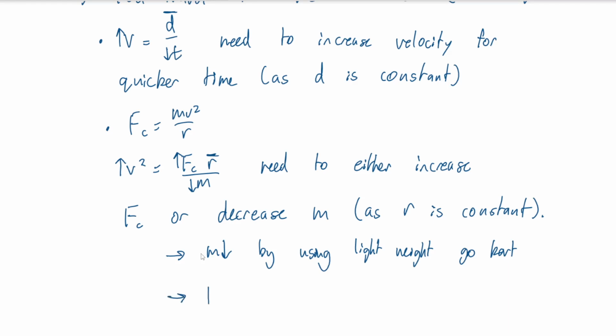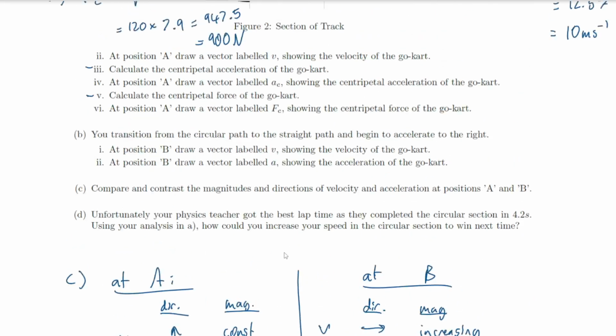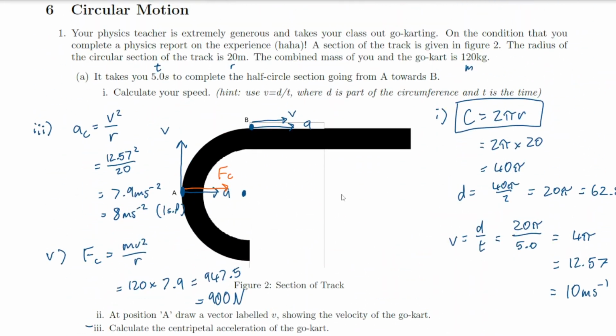Now, how can we increase the centripetal force? So centripetal force, as you should know, is not a force. It is a net force. So thinking back to the go-kart scenario, what is the force pushing it into the center of the circle?